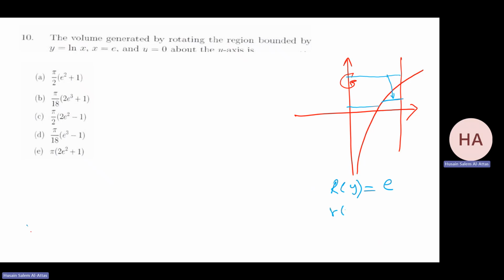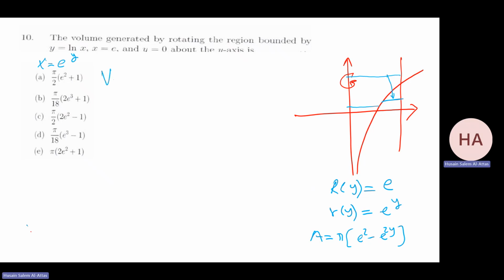Small r of y will be the function in terms of y. So this is x equals e to the power y. So I have e to the power y, which is clear. And what is the area? The area will be π times e squared minus e to the 2y.